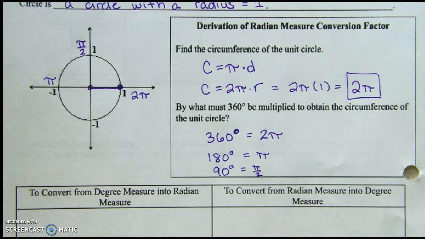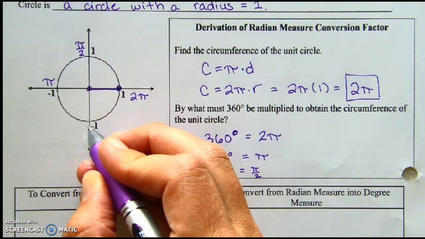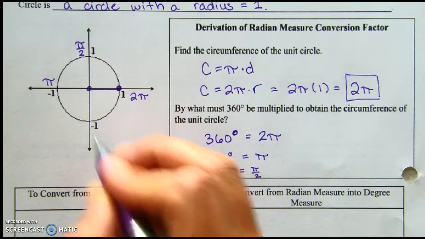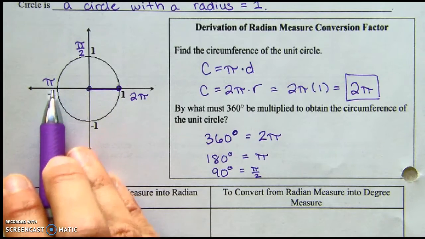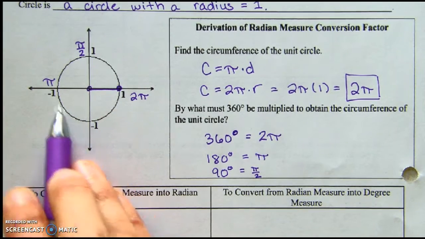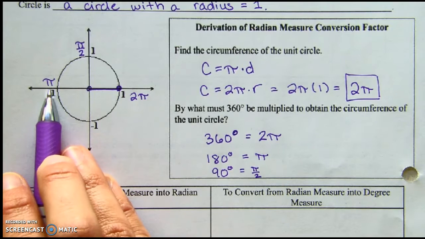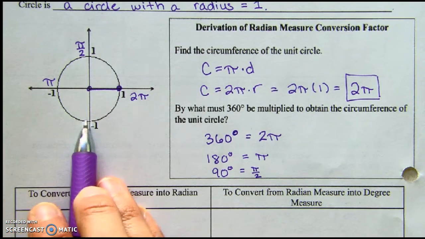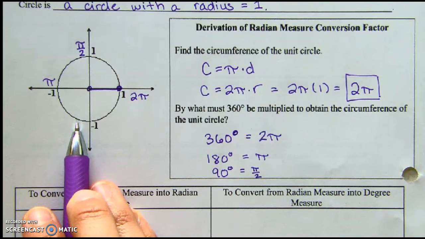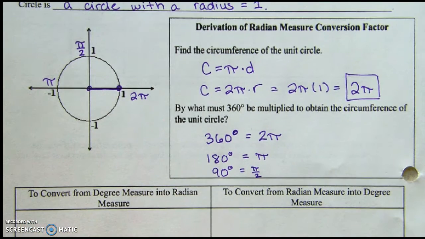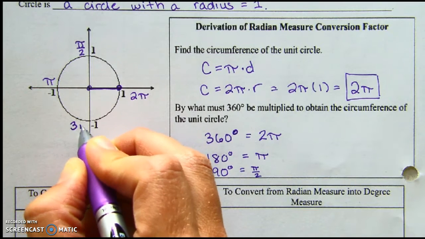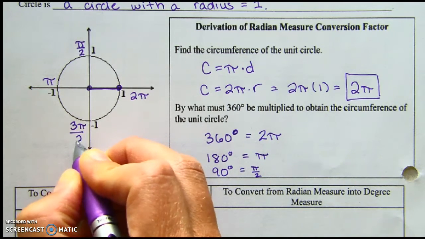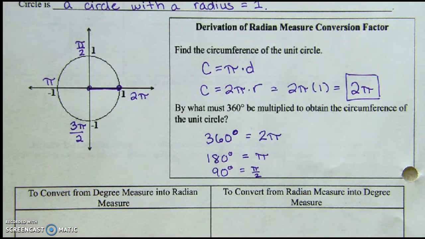Can anyone come up with what 270 degrees is down here? It's pi plus a half, so it's 1 1/2. How can we write that as an improper fraction? We're going to write that as 3 pi over 2.